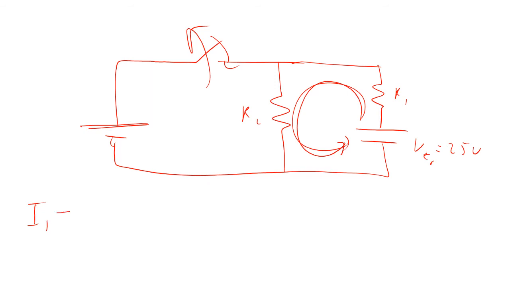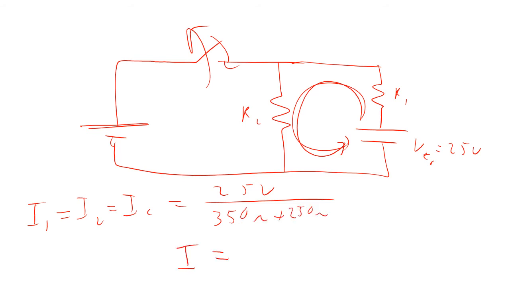So I1 equals I2 equals IC, and that's going to equal 25 volts divided by R1 plus R2. So that's 350 ohms plus 250 ohms. The current is all going to be the same, 0.0417 amps. Now, what about after a long time?